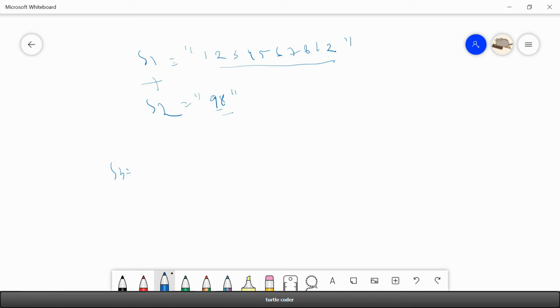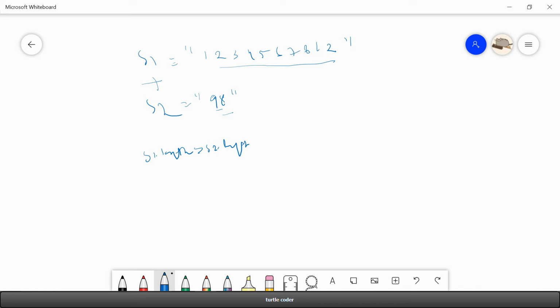One thing I can check is which string has more characters. If s1 dot length is greater than s2 dot length, I know s1 contains more characters in it, so it would be a bigger number. That's the case where we have to make our answer.